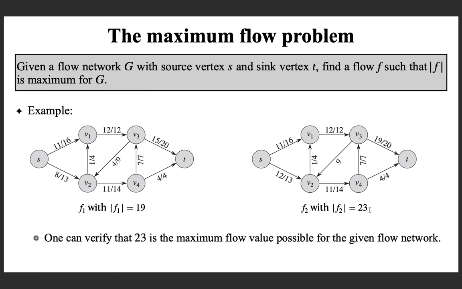Okay, with this we are finishing this lecture. Today we have seen flow networks and the max flow problem. A flow network is a directed and weighted graph satisfying a set of properties.